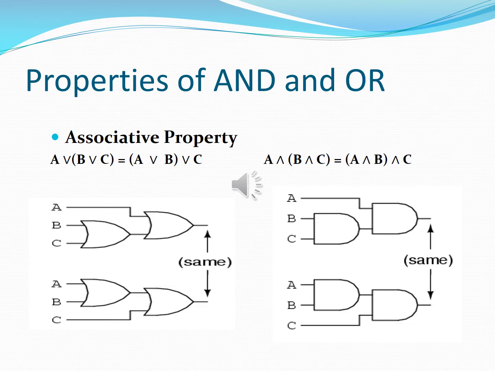For instance, A or parentheses B or C equals parentheses A or B parentheses or C. The same thing applies to AND: A and parentheses B and C equals parentheses A and B parentheses and C.